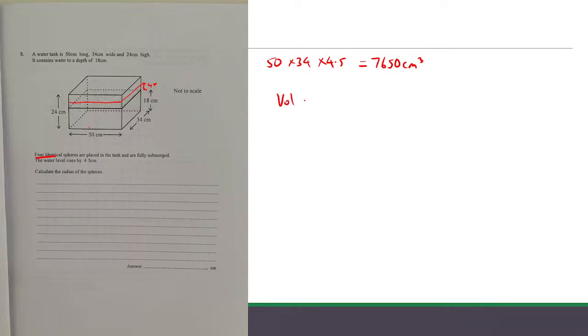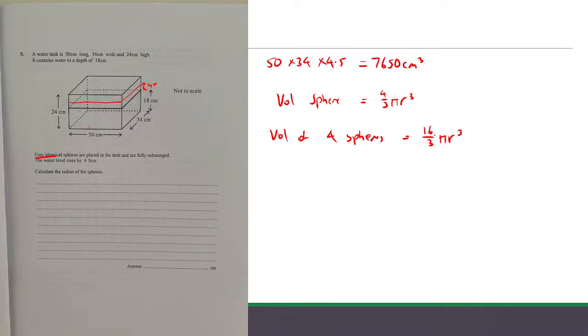So the volume of a sphere is 4/3 pi r cubed. So the volume of 4 spheres is going to be that times 4, which will be 16 over 3 pi r cubed.